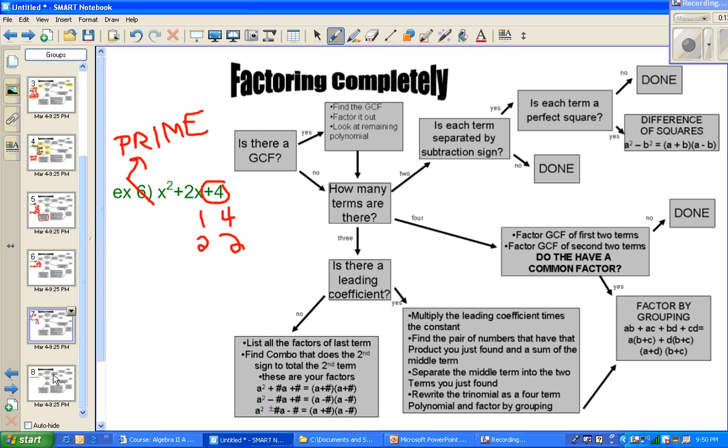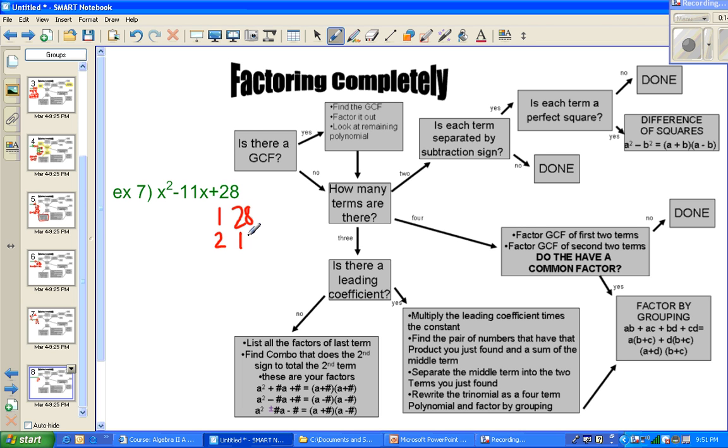Alright, so this is going to take us to our very last problem, example 7. List your factors. We'll go through. Is there a GCF? No. How many terms are there? 3. Is there a leading coefficient? No. List your factors. We have 1 and 28. We have 2 and 14.